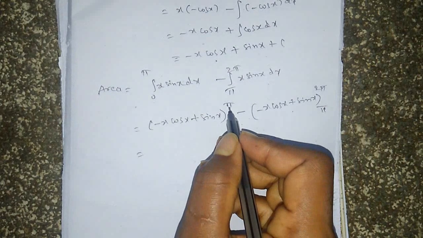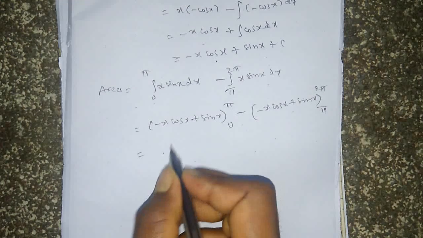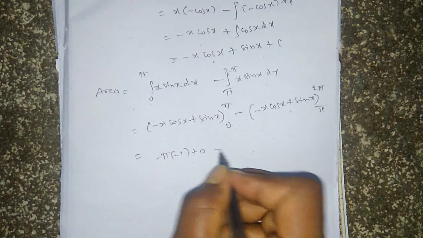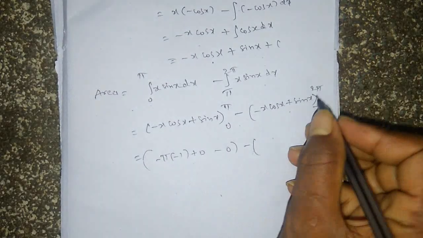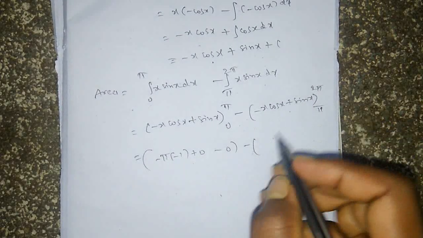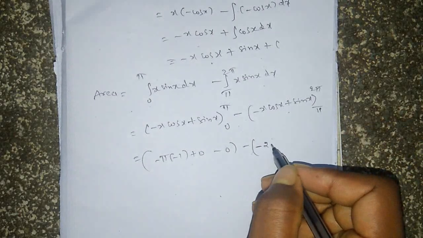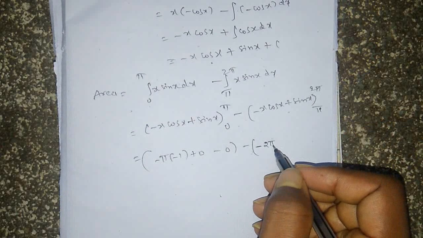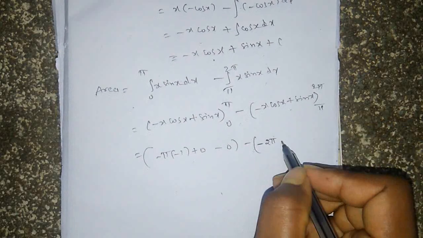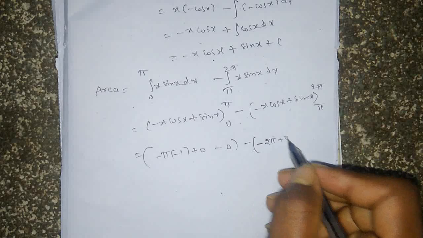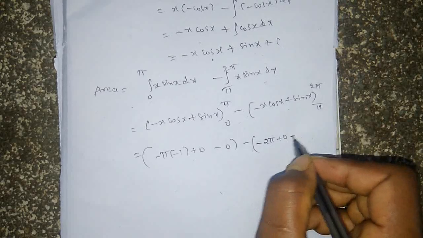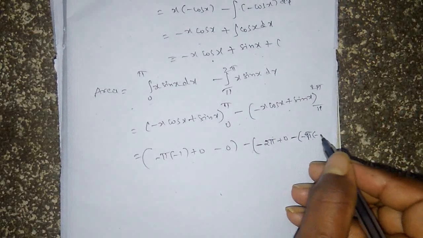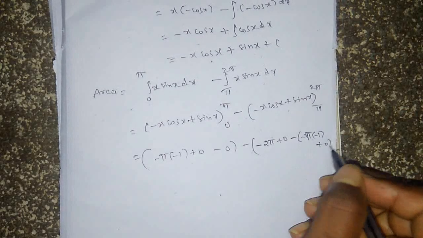First put π, this is minus π cos π, cos π is minus 1, sin π is 0, minus 0, minus 2π cos 2π, cos 2π is 1, sin 2π is 0, minus π cos π, cos π is minus 1, plus sin π is 0.